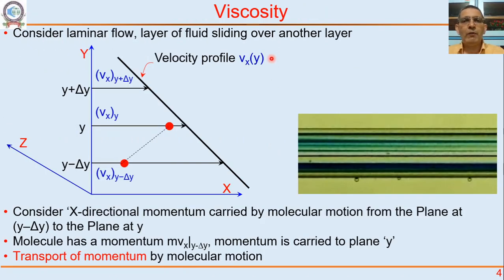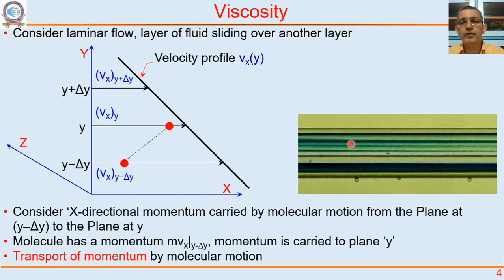So the first thing that we are going to do is look at laminar flow in microscopic balances. Remember, this was the video that we saw for laminar pipe flow. You can see that the fluid, or the liquid in this particular case, is moving layer-like.